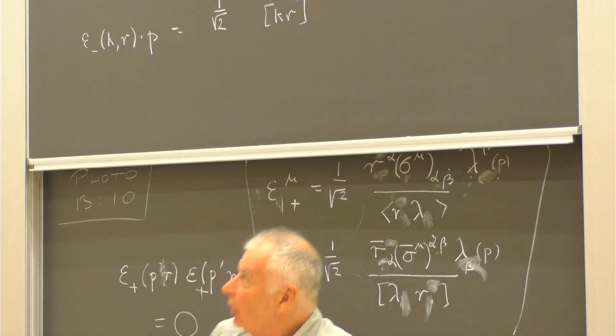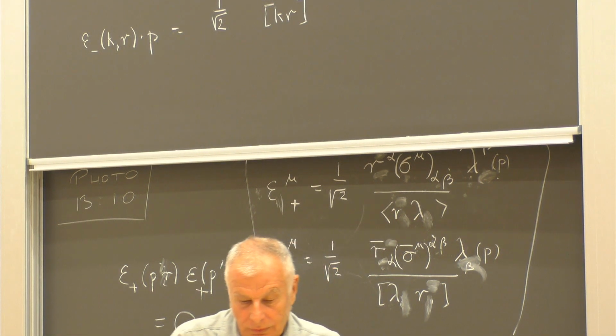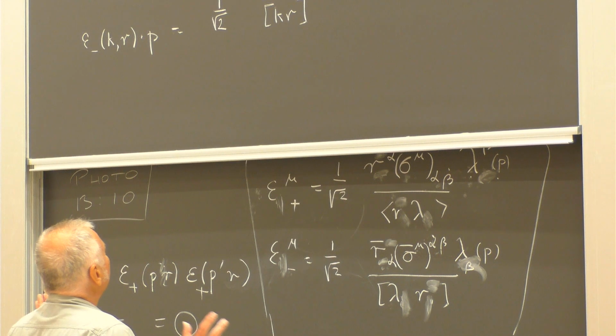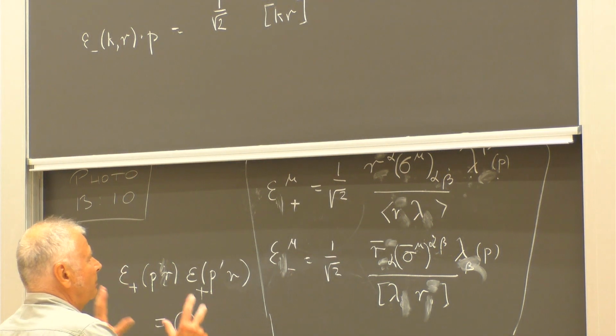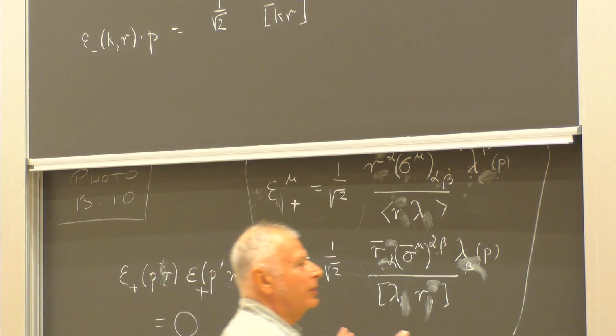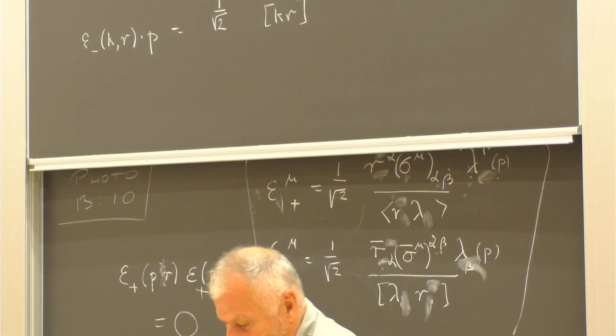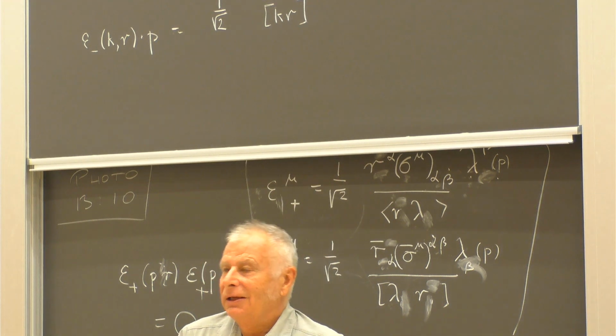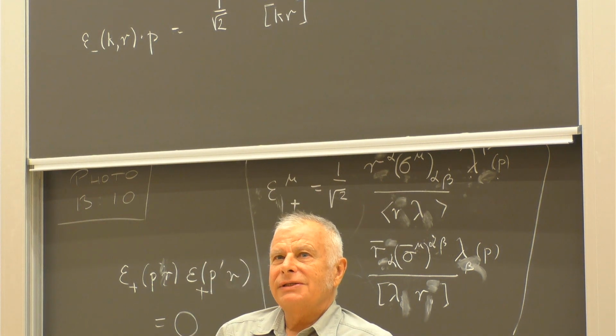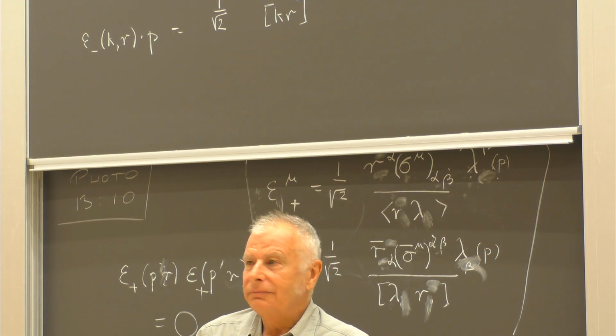So now, the next thing which I want to do, I'm sort of set up for discussing scattering amplitudes and the transformation properties under the little group and so on, okay? But for a reason which will become clear in a second, I want to consider the case of complex momenta.